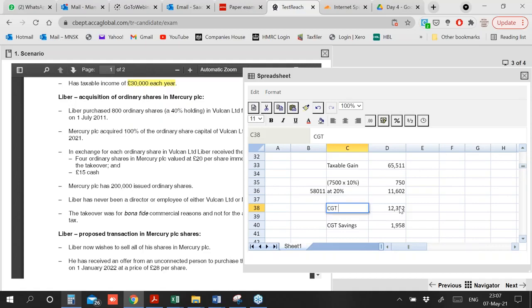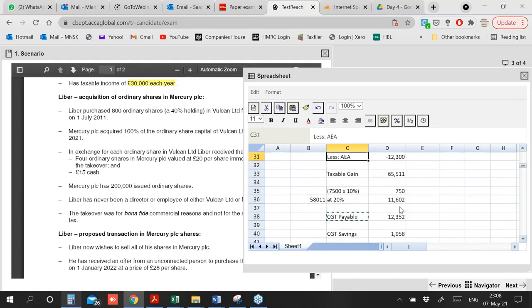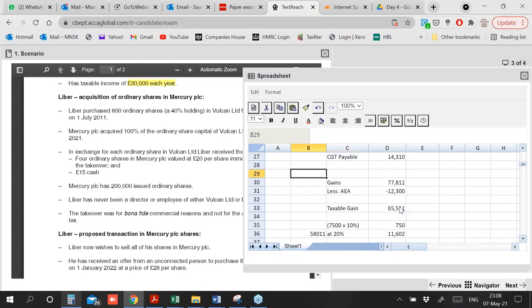That is CGT payable. Copy this. This is CGT payable as well. Here you can write sale in 2021.